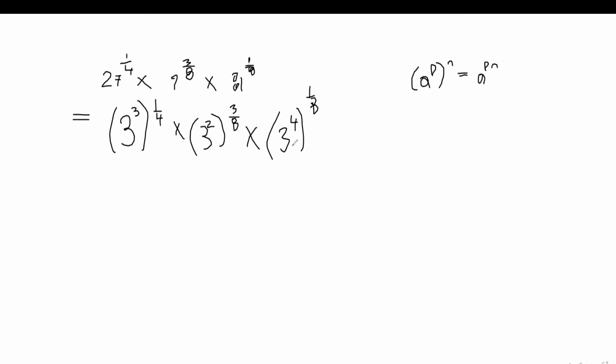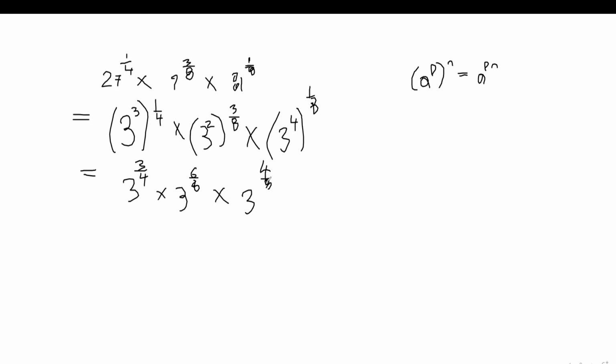So using that law, this is going to become 3 to the 3/4, multiplied by 3 to the 2 times 3 over 8, which is 6 over 8. So that's 3 to the 6 over 8, times 3 to the 4 times 1 over 8, which is 4 over 8.